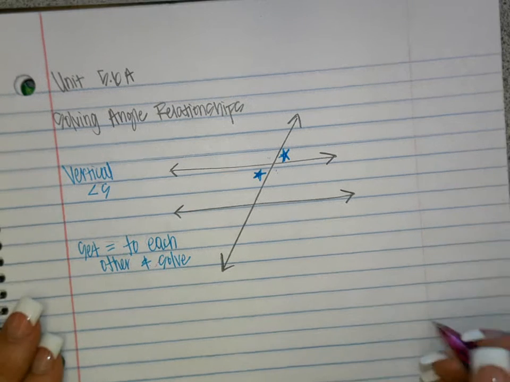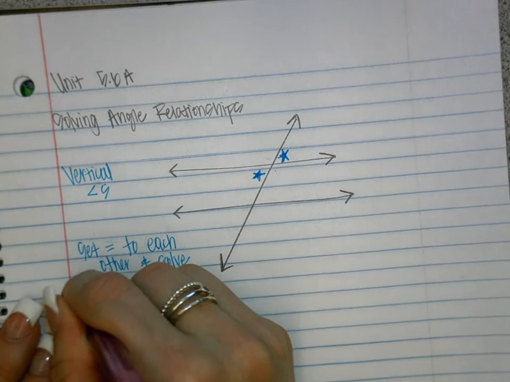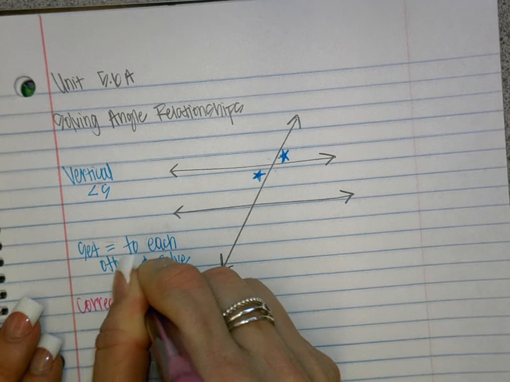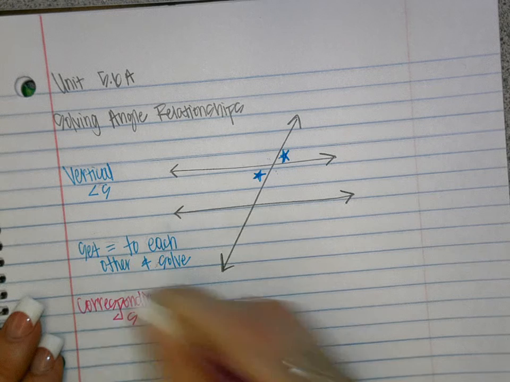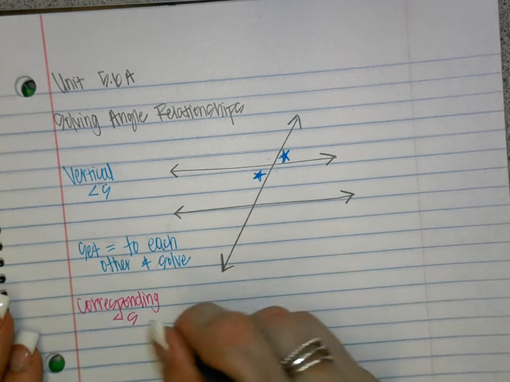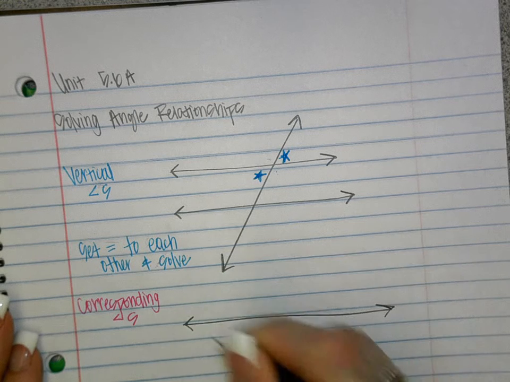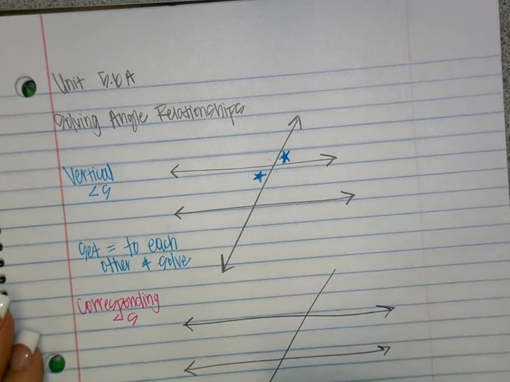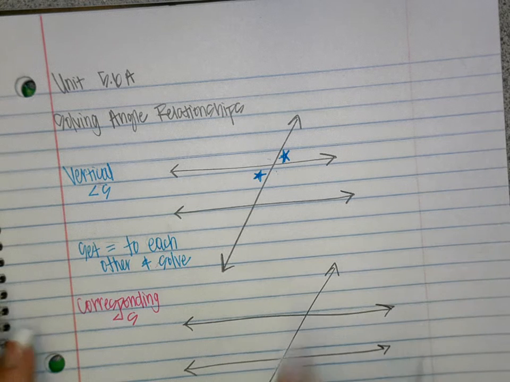The next type that we're going to look at is something called corresponding angles. I'm going to draw basically the exact same picture: two parallel lines with a transversal. Your picture's not always going to look like that. Sometimes it's a little bit twisted, and that's fine.